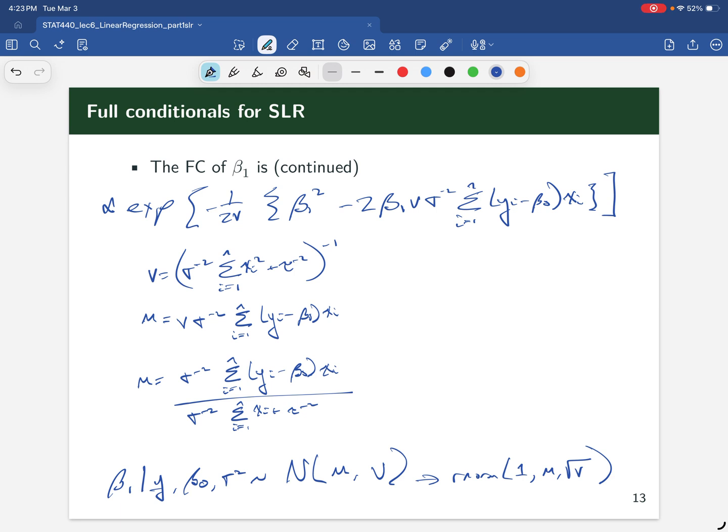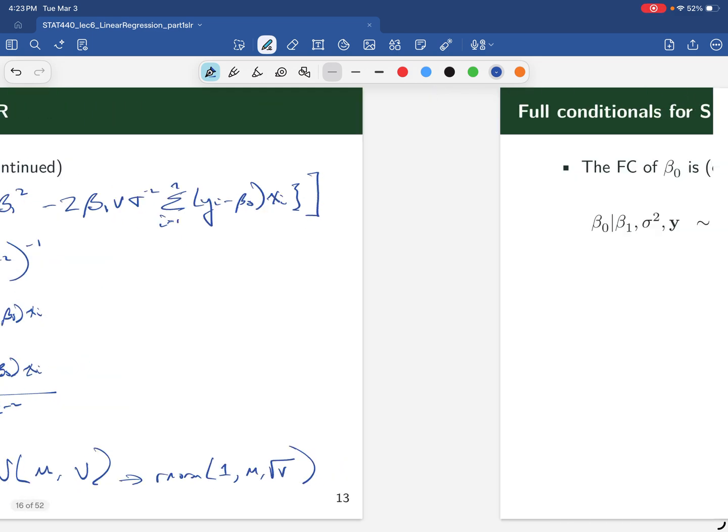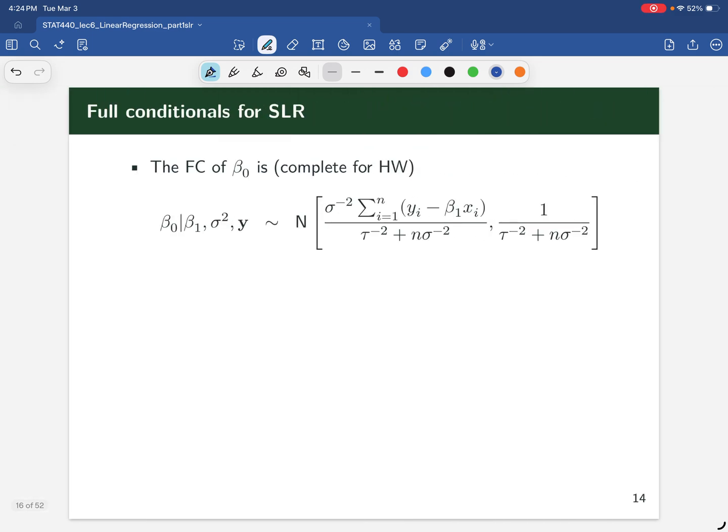All right, we did it. It was not easy, but we found the full conditional for beta 1. You can figure out the full conditional for beta naught. It's going to be very similar. You're going to end up with an expression that looks like this, and this is very likely going to show up on a homework problem.